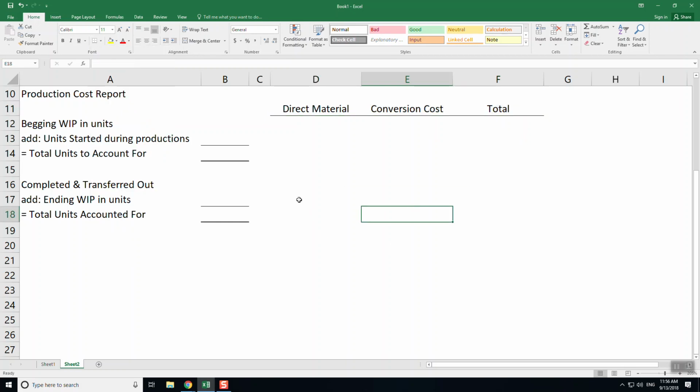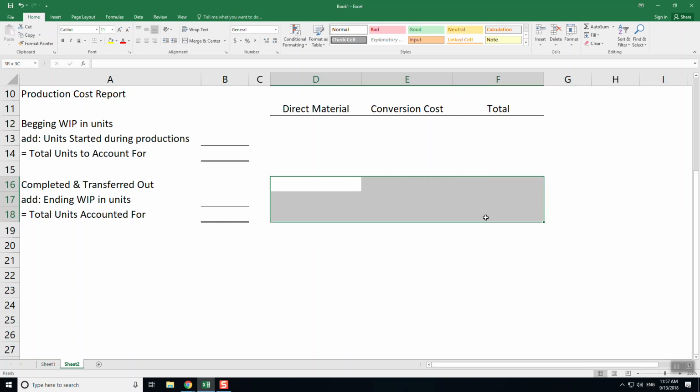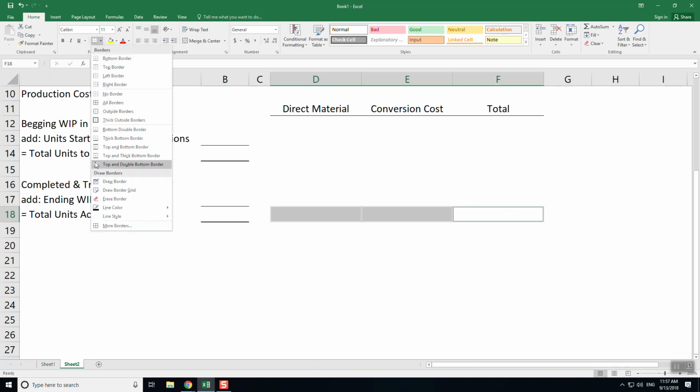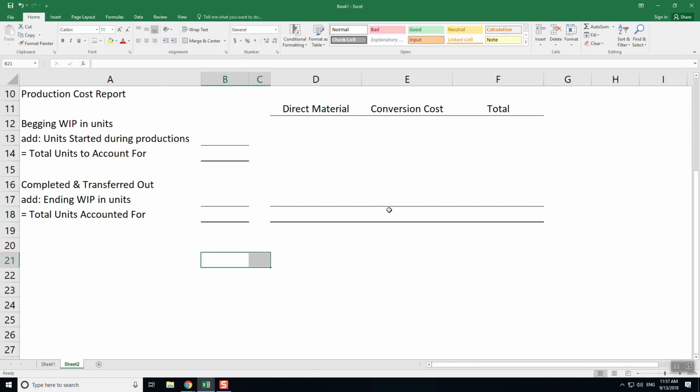So you're really only working in this area down here when you do this. And what you're going to come up with is your equivalent units of production when you get down to this row. That would be the first step.